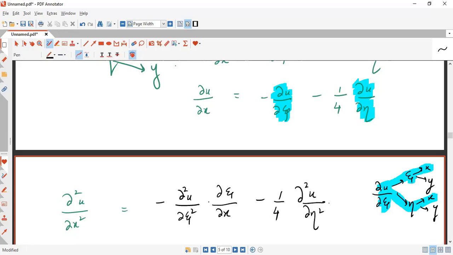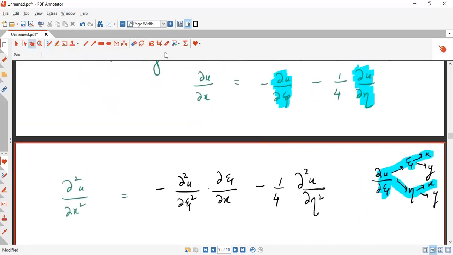But here you have this del u by del xi. It is also a function of eta. So when you differentiate it with respect to x, here you have to differentiate with respect to eta again. So what will it become? Okay, let's write the first term's differentiation first. That means this will be differentiated with respect to eta now, right?